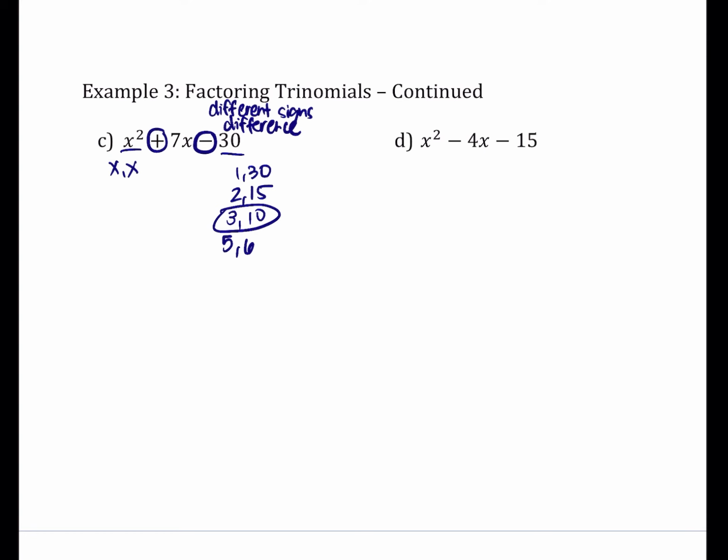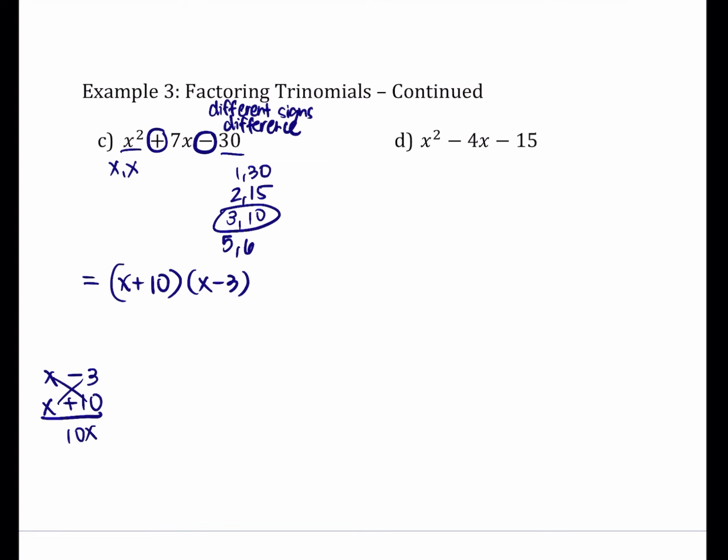And now that you know it, this actually will give us the sign of the bigger number. So the bigger number is going to be positive. So this is going to be x plus 10 times x minus 3. And again, we can do that little cross multiplication thing. That will be helpful to us later, right?